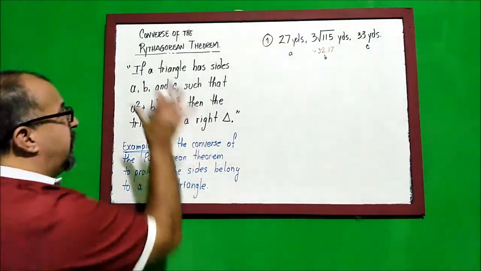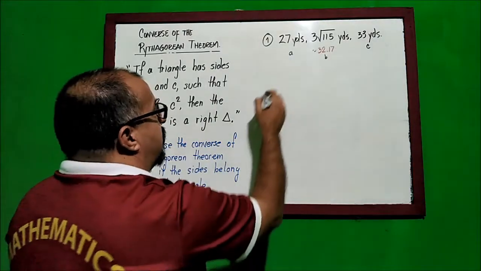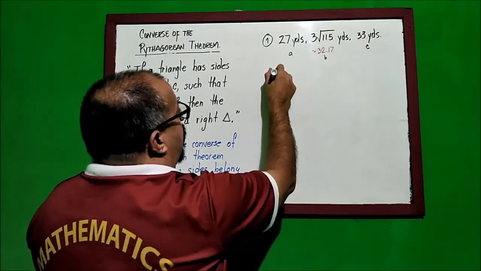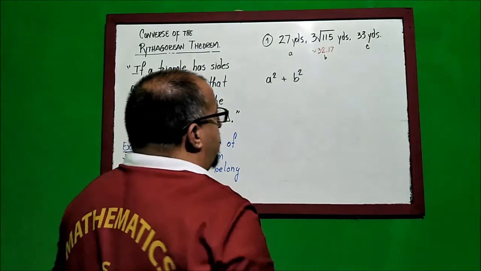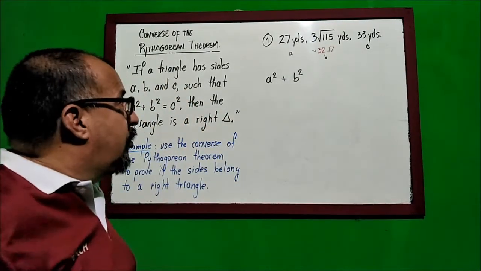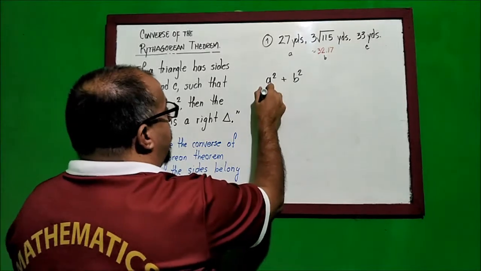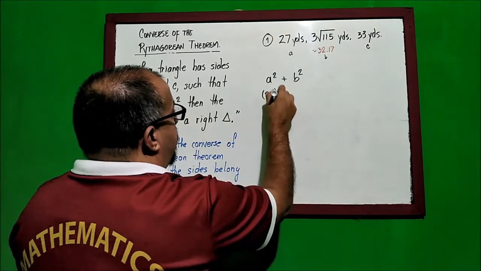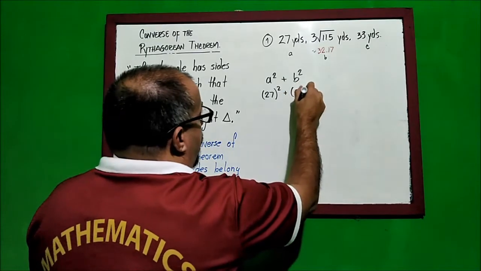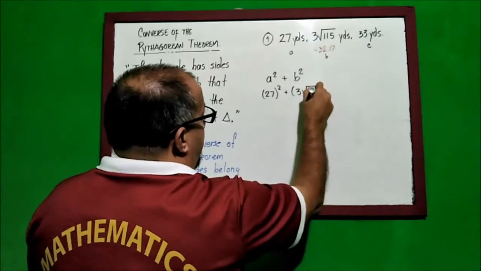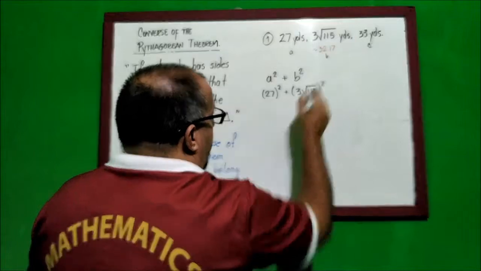Now, to prove the converse, we will take A squared and add it to B squared. So in here, we're going to have 27 to the second power plus 3 square root of 115 to the second power.